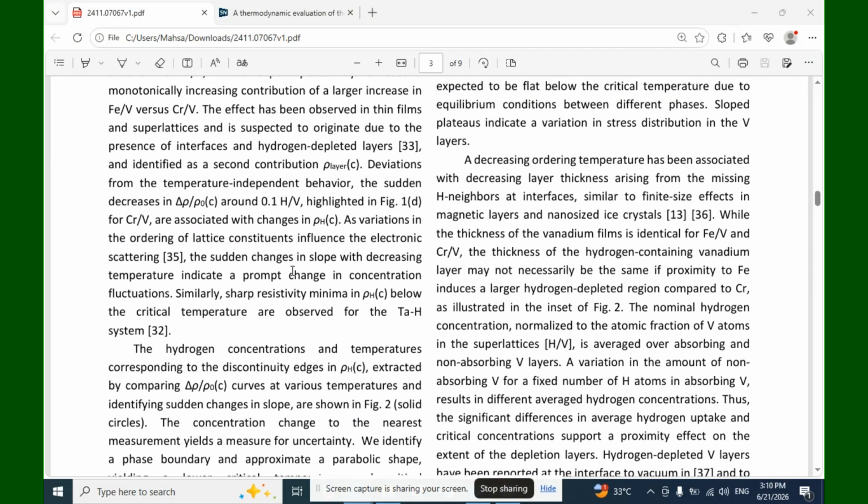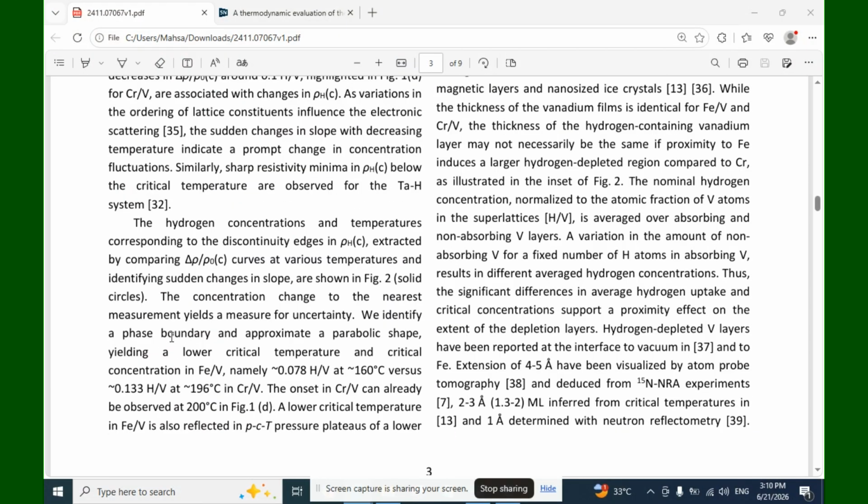Similarly, sharp resistivity minima in rho Hc below the critical temperature are observed for the TaH system. The hydrogen concentrations and temperatures corresponding to the discontinuity edges in rho Hc, extracted by comparing delta rho per rho 0 curves at various temperatures and identifying sudden changes in the slope, are shown in figure 2 as solid circles. The concentration change to the nearest measurement yields a measure of uncertainty.